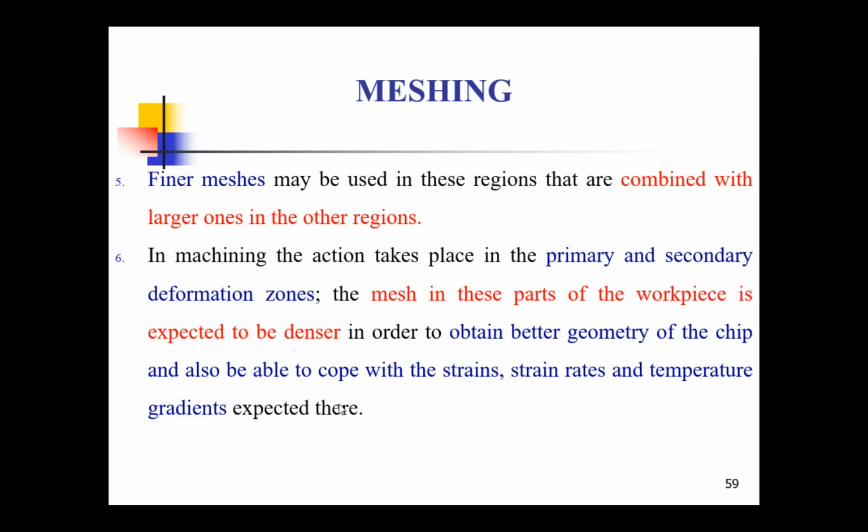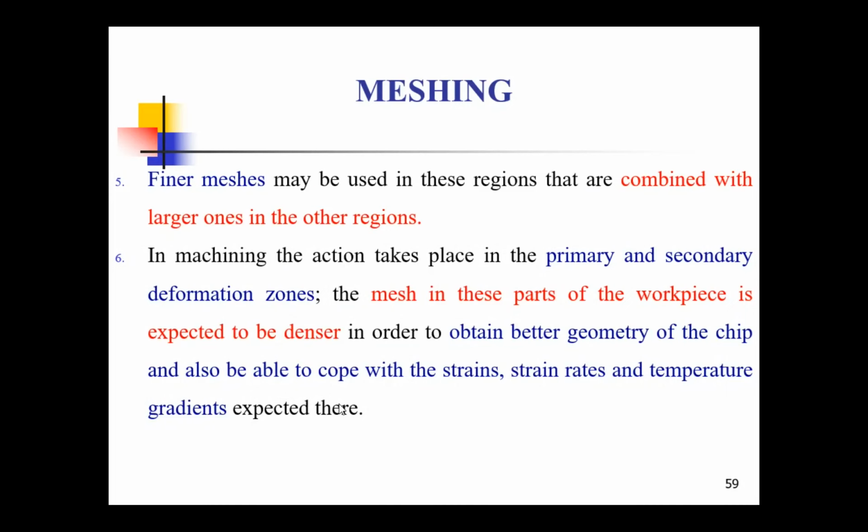Two deformation zones are particularly important in the machining process. One is the primary and the other one is the secondary. In these zones, we should have dense meshing, that is, finer meshing, because there only we are going to determine the cutting forces, the interface temperature, the pressure, the stresses, all these things, right?